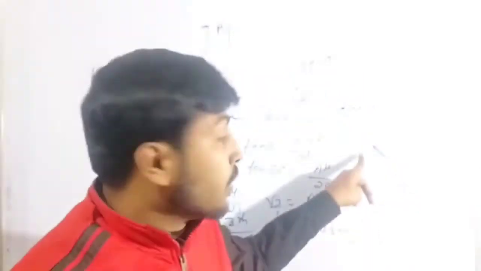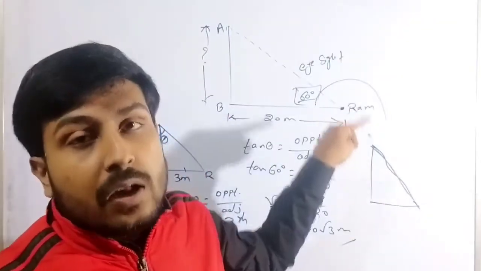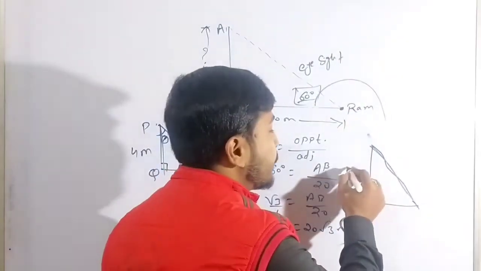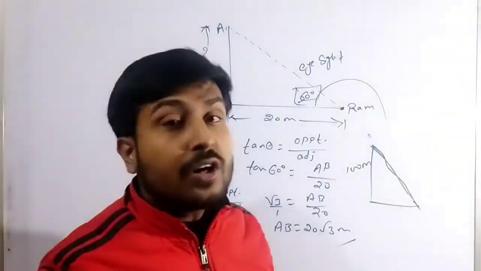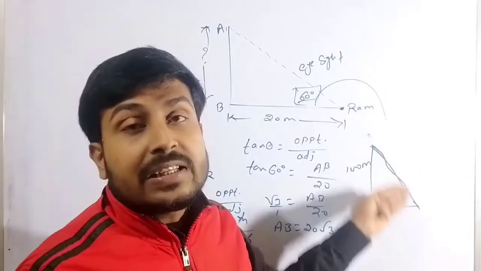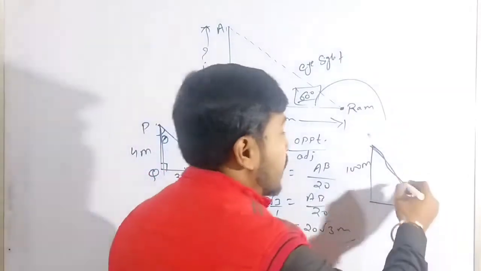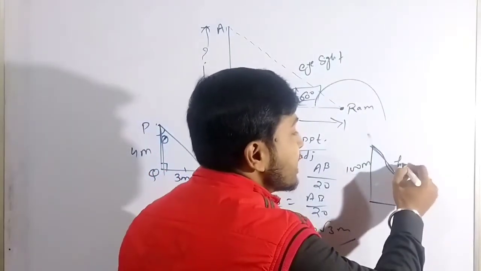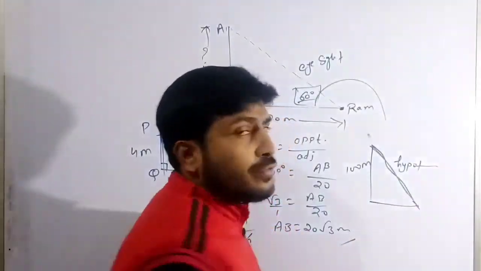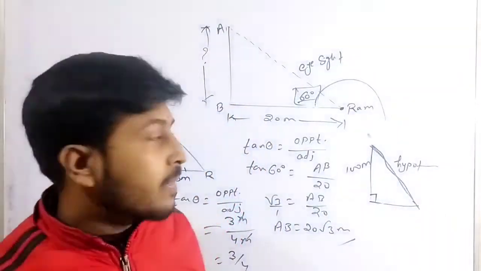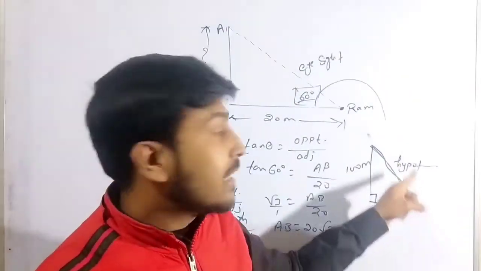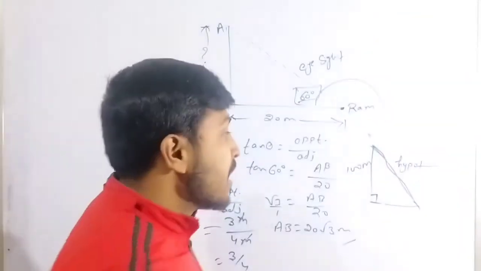This time we actually know the height of the mountain, which is suppose 100 meter. Okay, but we don't know the length of this path. So what is this? This is the hypotenuse. Because we all know this is vertical, that's why the right angle is here. So this is the longest side, that means this is the hypotenuse.